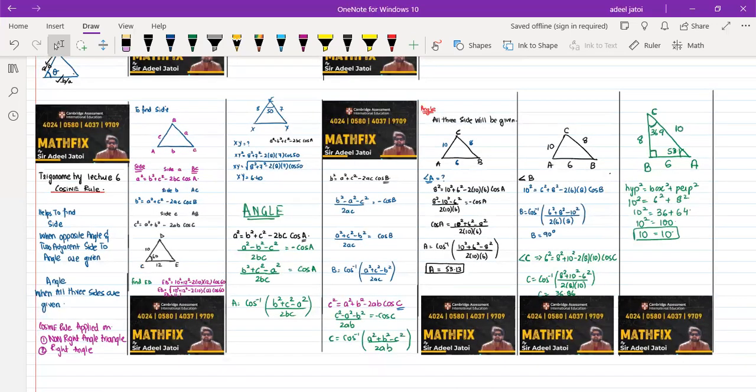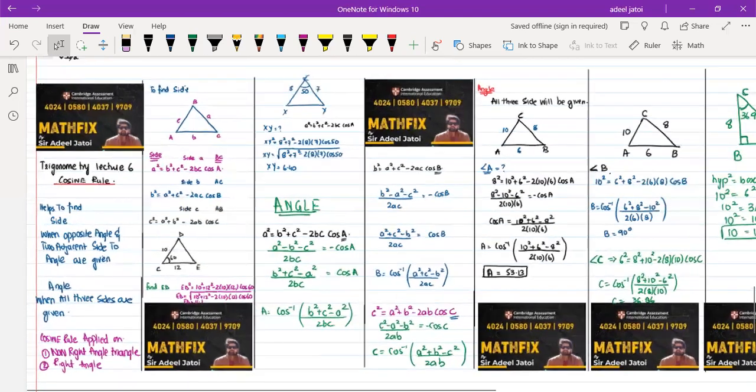So the cosine rule is more about angle and side. When we want to find the side, the opposite angle and the two adjacent sides will be given. And when we find out the angle, then all three sides will be given in that particular non-right angle triangle or right angle triangle.